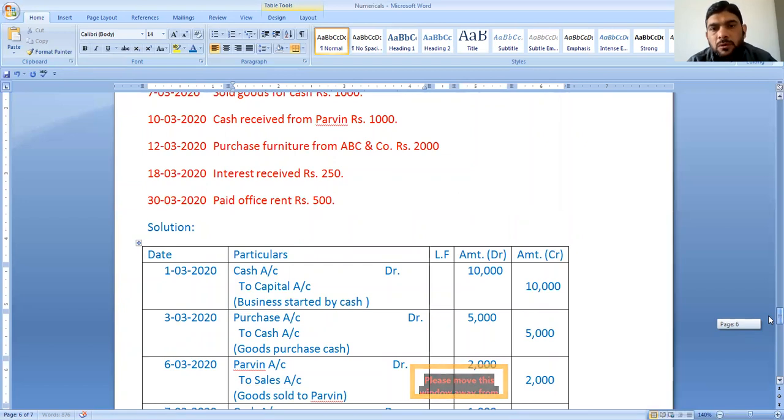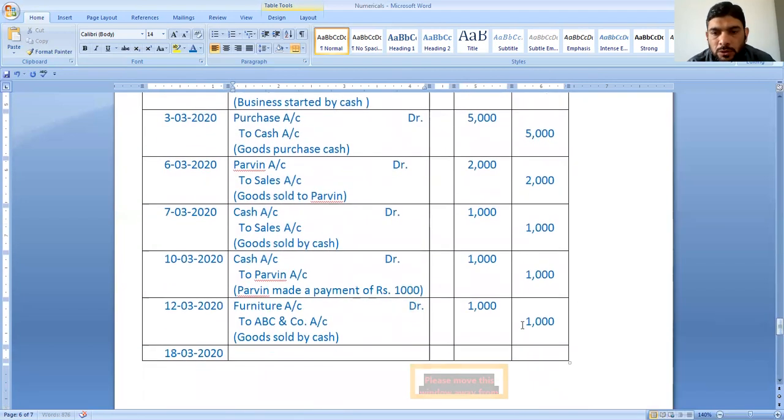Nothing has been written about whether cash has been given or not, so this transaction will be treated as a credit one. We may write over here furniture purchased from ABC and Company. We can write furniture purchased on credit from ABC and Company. We may write it like this also.